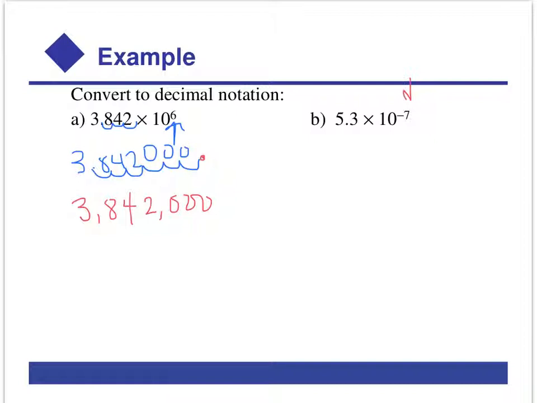Now we have a negative exponent, so that means it's a small number. So we're going to go to the left 7 places. I'm going to go 1, 2, 3, 4, 5, 6, 7. And you're going to drop in your zeros here.